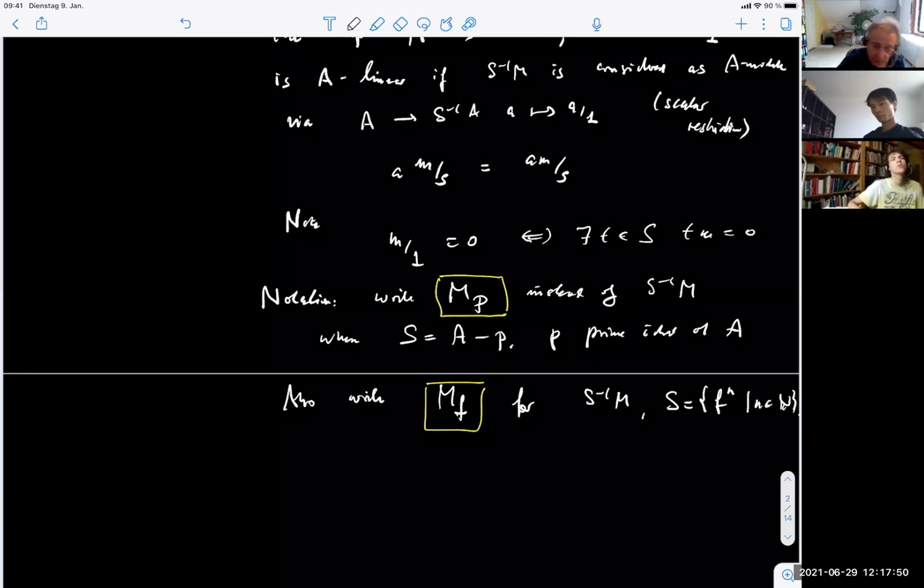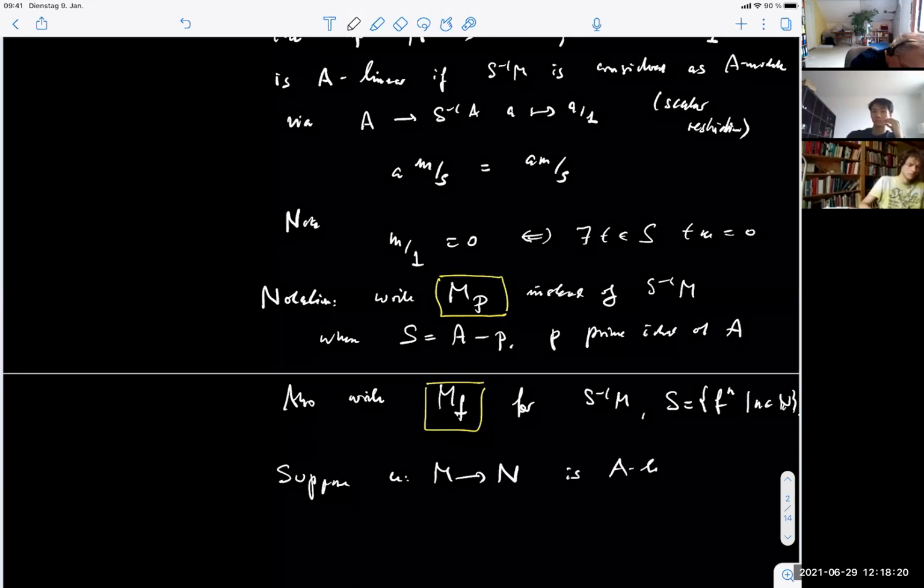Okay, so it's not enough to assign to these A modules new modules, we want to have a functor. We also need such an association for the maps. So suppose u from M to N is A-linear.